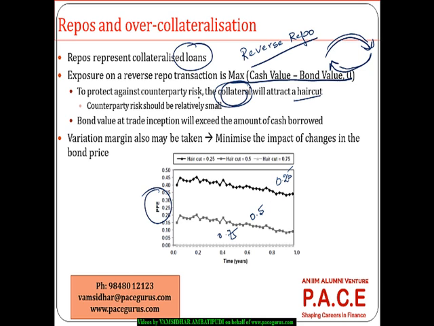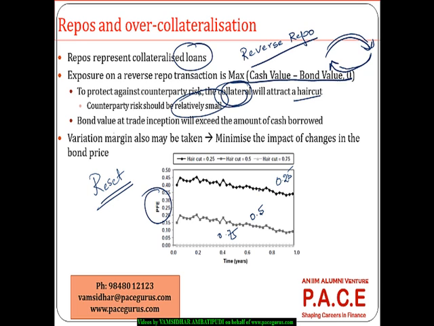The counterparty risk is becoming smaller and smaller. Right? Even the variation margin, which is like a reset, even that can very much reduce the impact of the changes that are coming in the bond prices. So that's how in case of repos, the more and more over collateralization that is being done, it can very well reduce the counterparty risk.